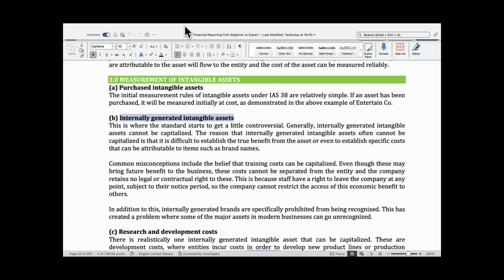And some people will find them arguing that training costs should be capitalized, that we will get benefit from it and all of that. I mean, you cannot capitalize such costs. It's similar to the reason I gave you for internally generated. That's why I'm bringing it up here. Training costs cannot be capitalized because you don't know the benefits you will get, because those staff can leave anytime.